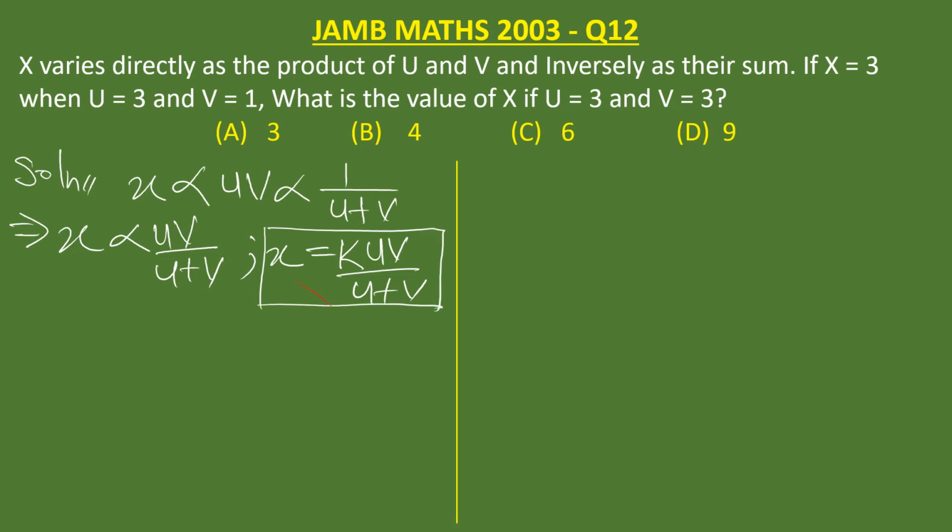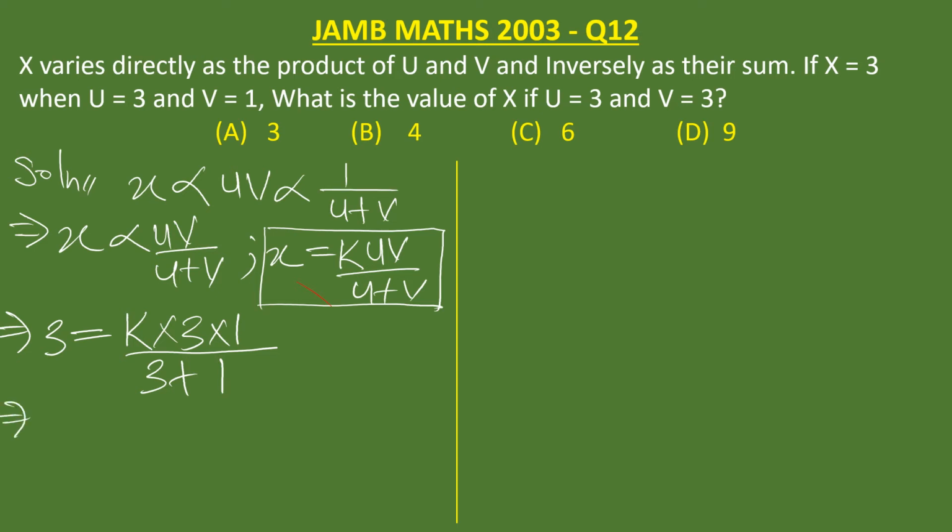Now it says if x is equal to 3, then 3 is equal to k times u, which is 3, times 3, and v is 1, divided by u, which is 3, plus v, which is 1.